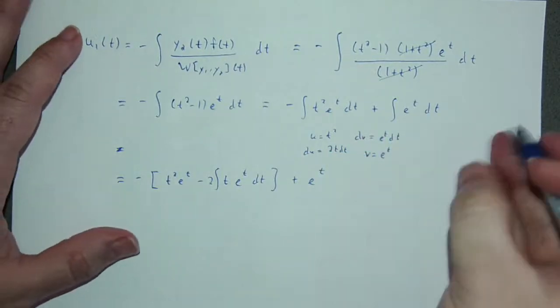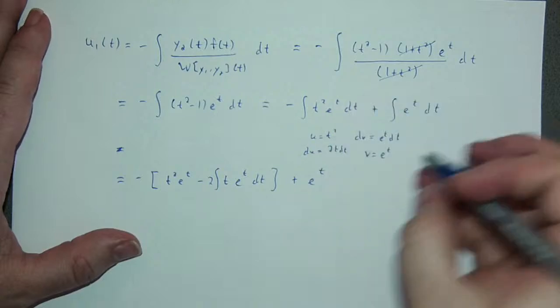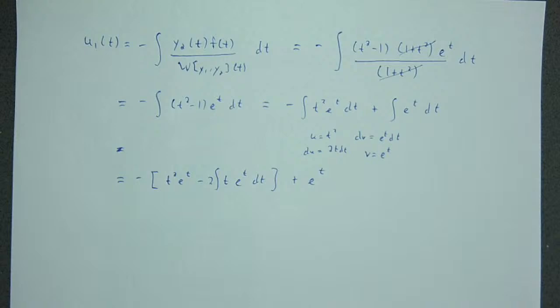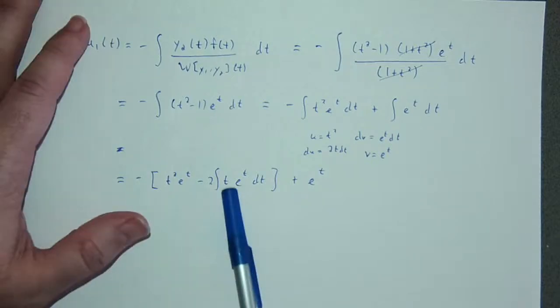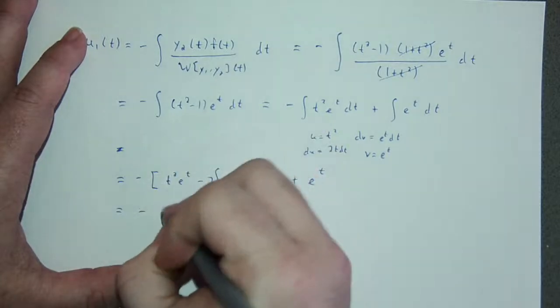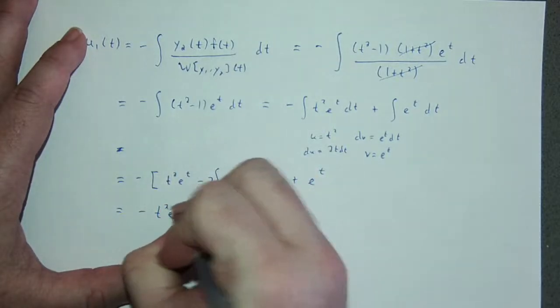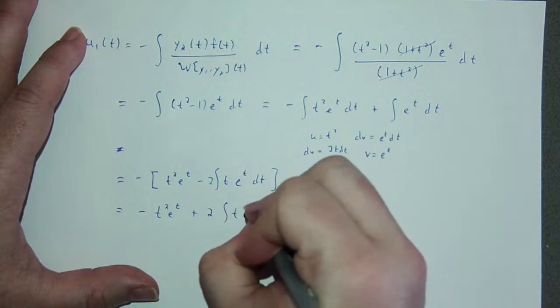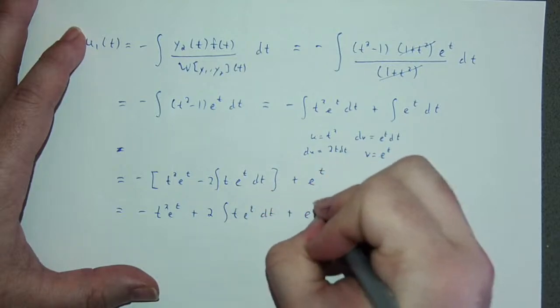Plus c. If you like, I can add that in, or I can just use the fact that that's already taken care of from the homogeneous part. So I'm just going to write it like this. Again, I have to use integration by parts here. That's not too terrible. So this is minus t squared e to the t plus 2 times the integral of t e to the t dt plus e to the t.